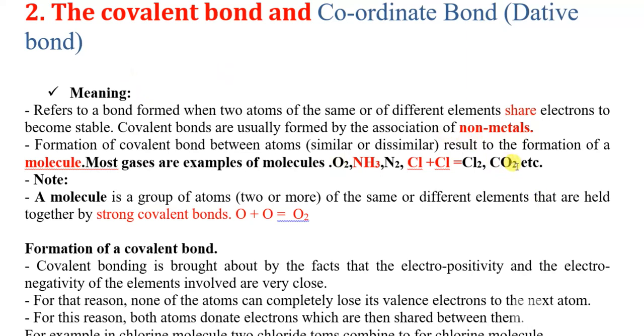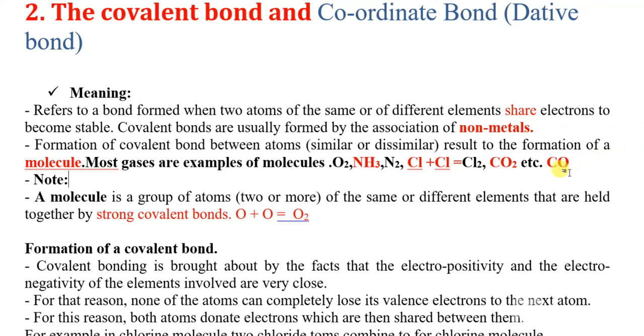Now, I've given you that carbon dioxide is covalent bonding, which is very correct. But what about carbon monoxide? Carbon monoxide will undergo dative bonding.